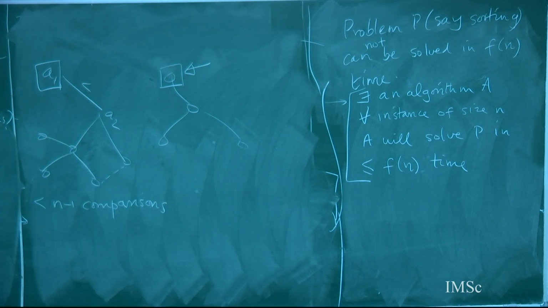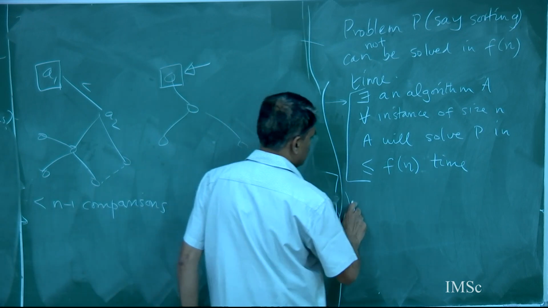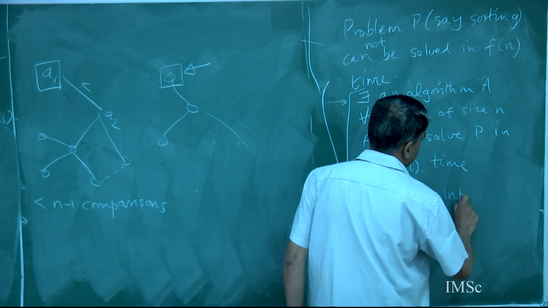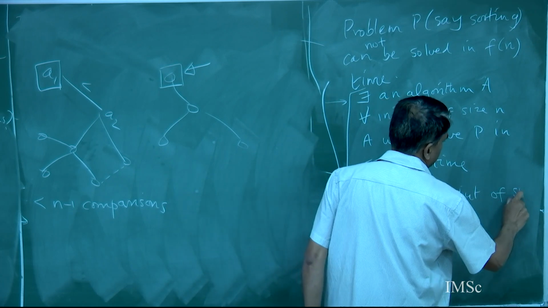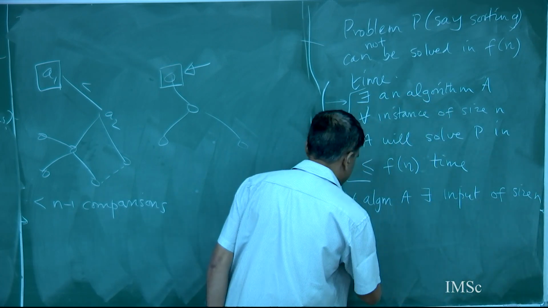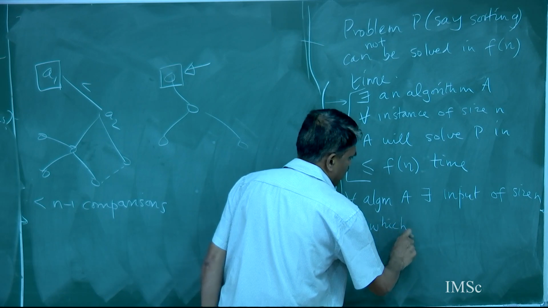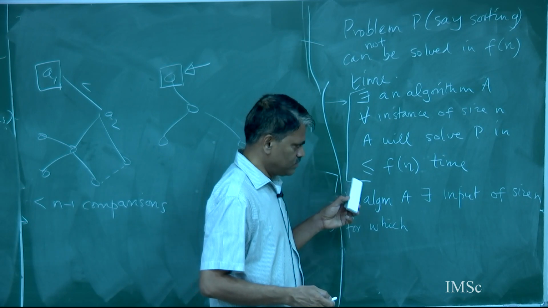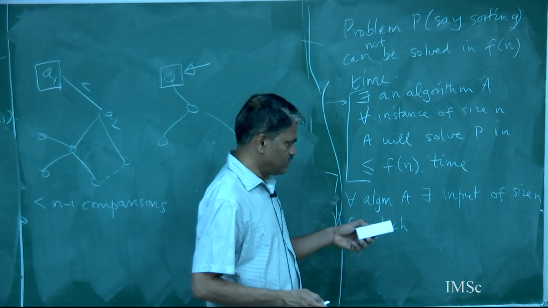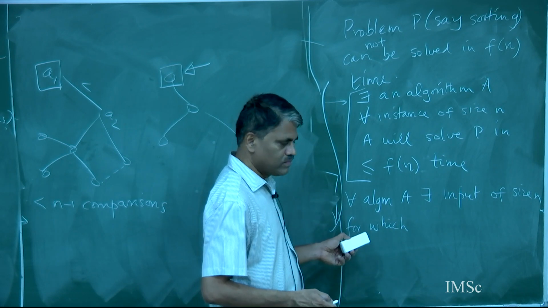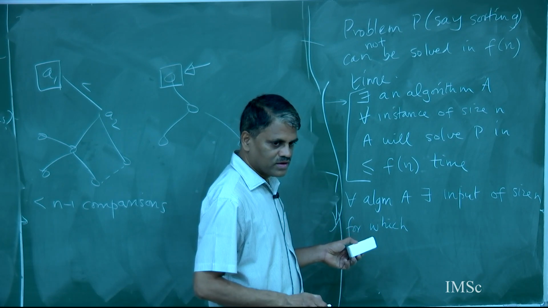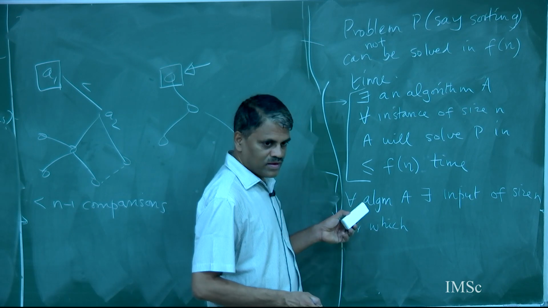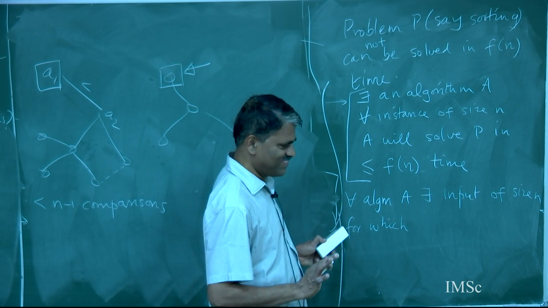For all algorithms, there exists an instance of size n of the problem P which will take greater than f of n.